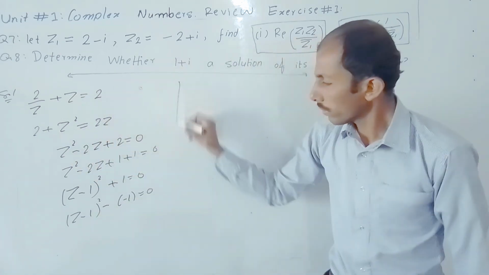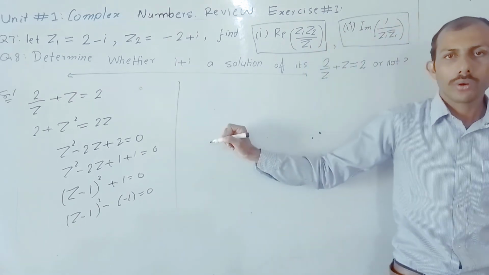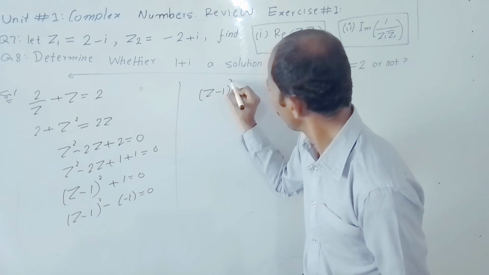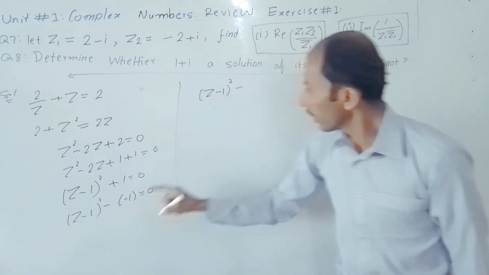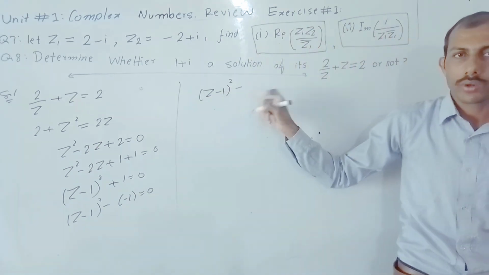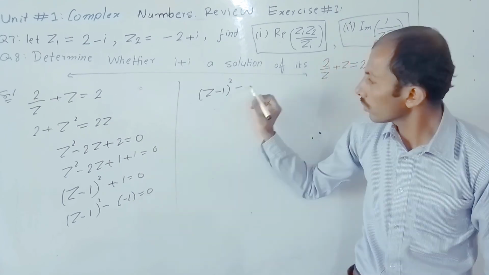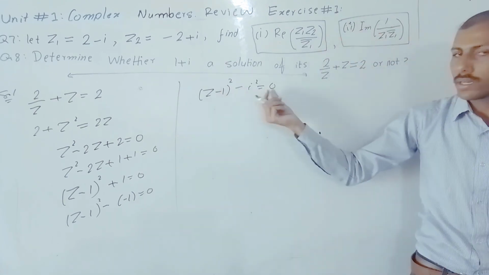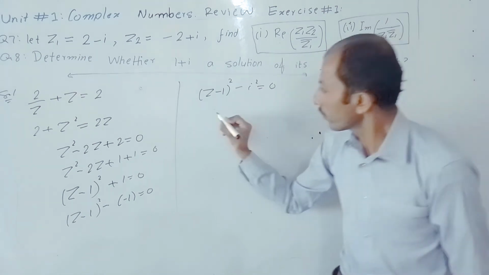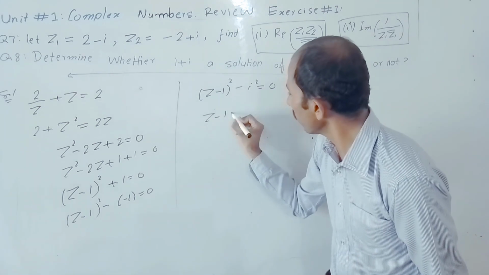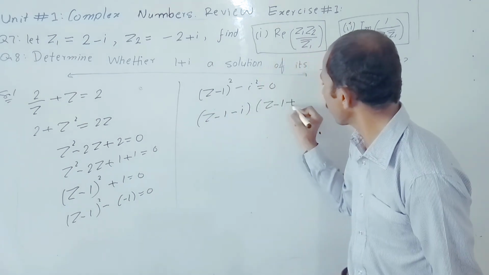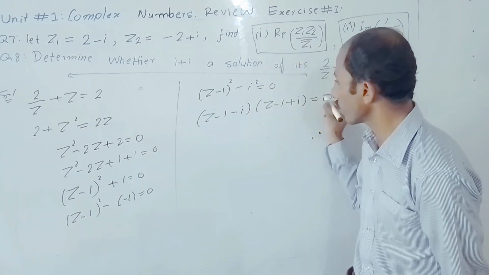So next z minus 1 whole square equal to minus 1 is equal to iota square. Z minus 1 whole square minus iota square. So z minus 1 minus iota into z minus 1 plus iota equal to 0.